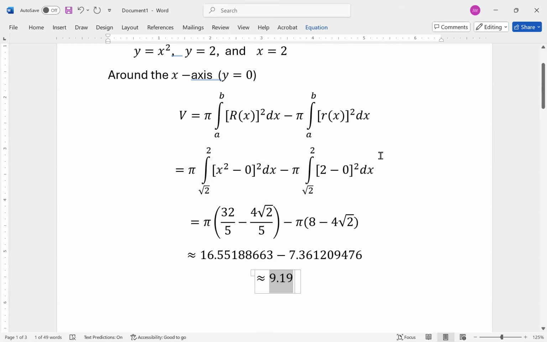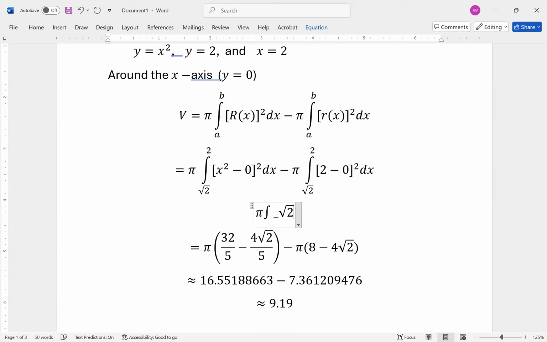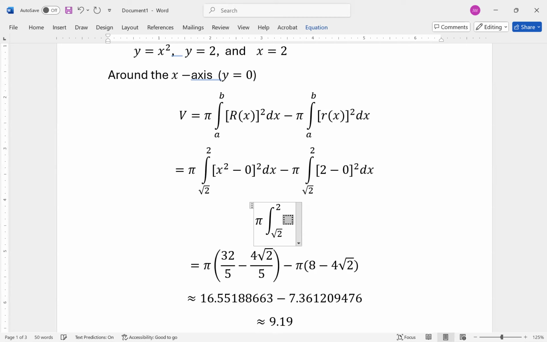Now, one thing that I've been always doing is I've been setting these up as 2 integrations. You can, if you'd like, combine these 2 integrations into one if it makes more sense. So if you'd like to, you can integrate.